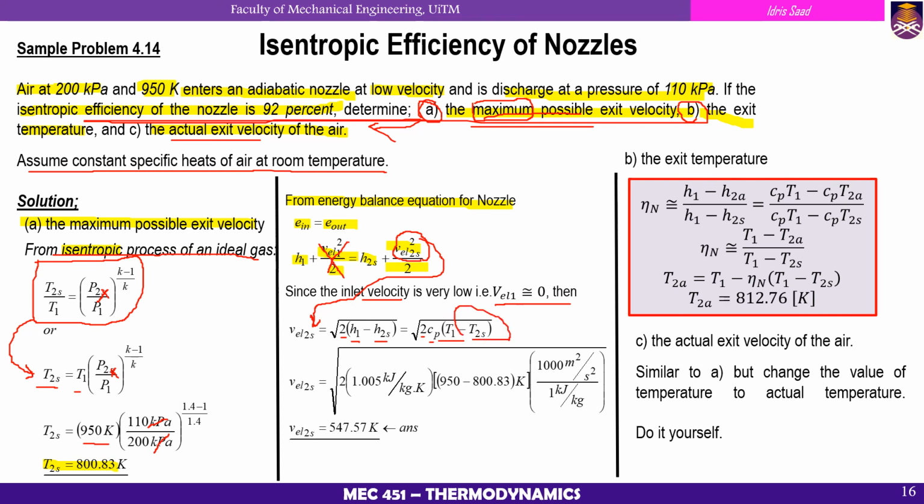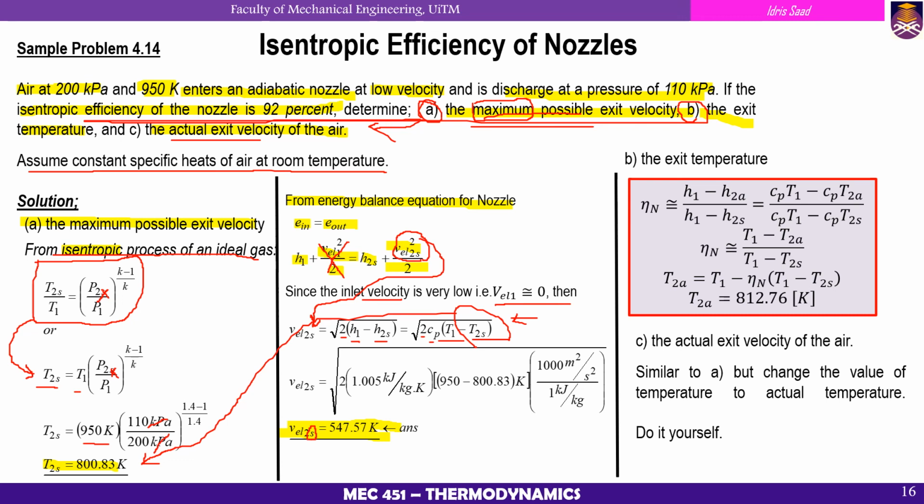We already calculated T2S as 800.83, so substitute the value into this equation. So we can get the velocity 2 is equal to 547.57. This is the maximum possible velocity, where please do remember this is isentropic.